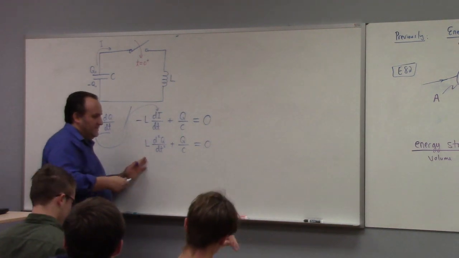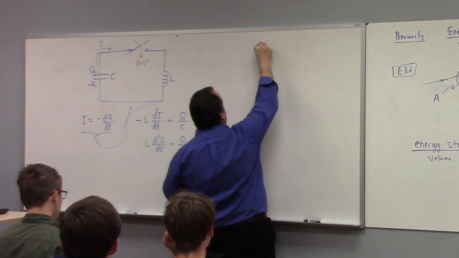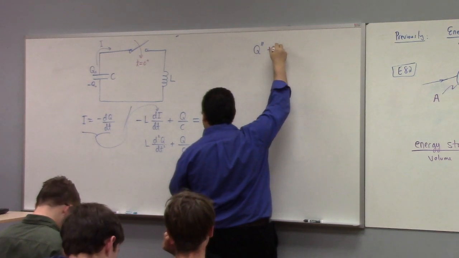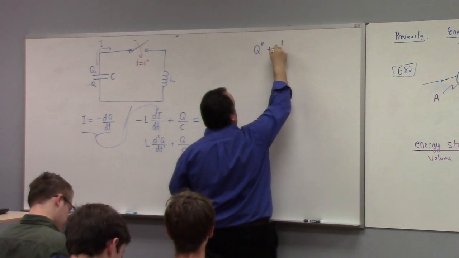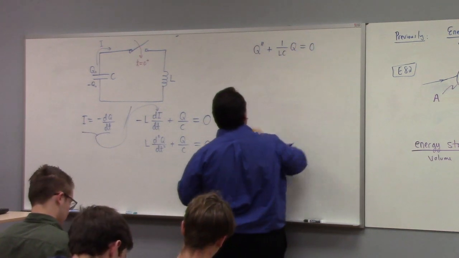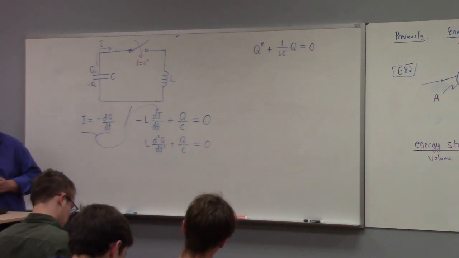So this differential equation, you can rewrite as Q'' plus 1 over LC times Q equals 0. The solution to a differential equation like this is a sinusoid.